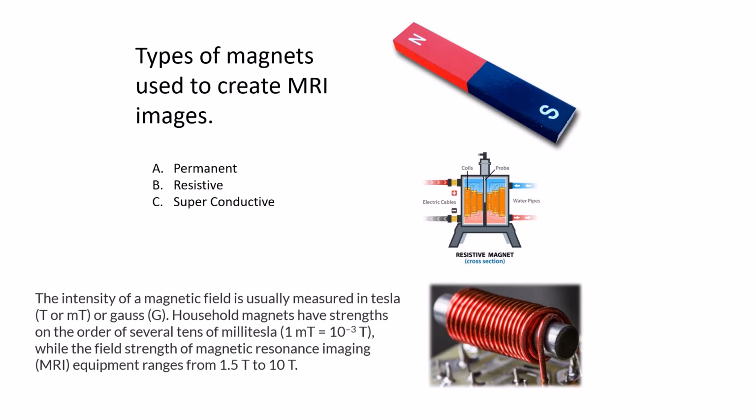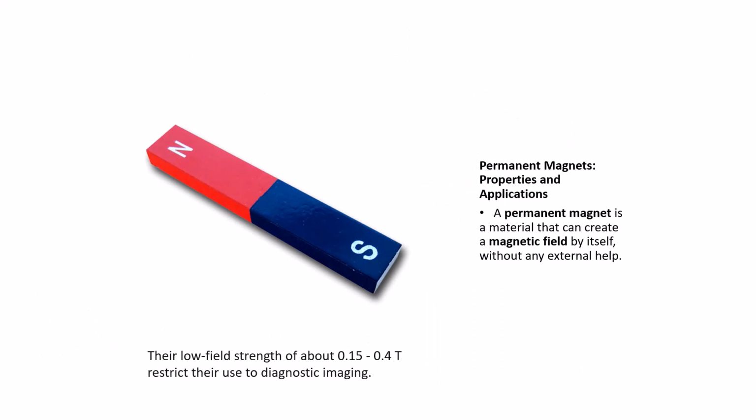The other two, resistive and superconductive magnets, are coils of wire in which the electrons travel. The permanent magnet is a material that can create a magnetic field by itself, without any external help. They are very low in power, from about 0.15 to 0.4 Tesla maximum.